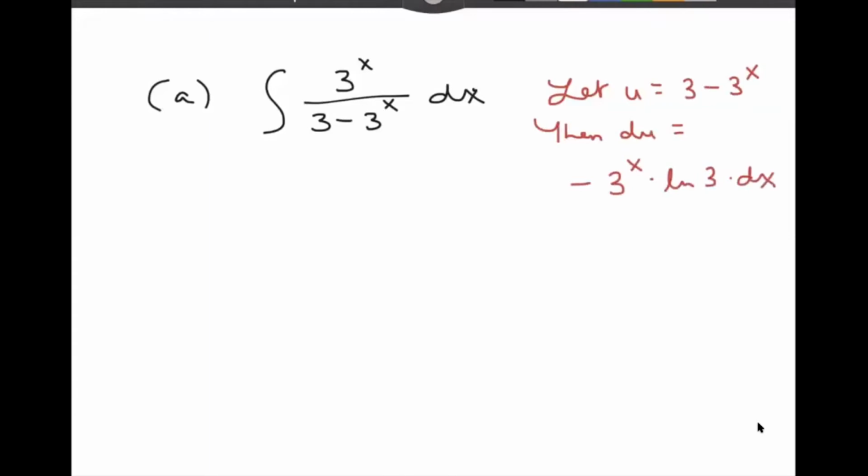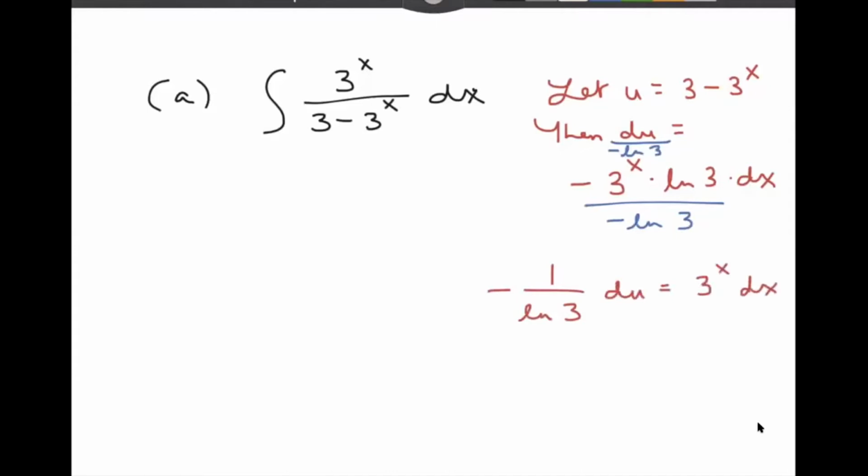Okay, but what do we actually want? We don't want the natural log 3, and we don't want the negative sign. So why don't we divide both sides of this equation by negative natural log 3. And that's going to give us negative 1 over natural log 3 du is equal to 3 to the x dx.